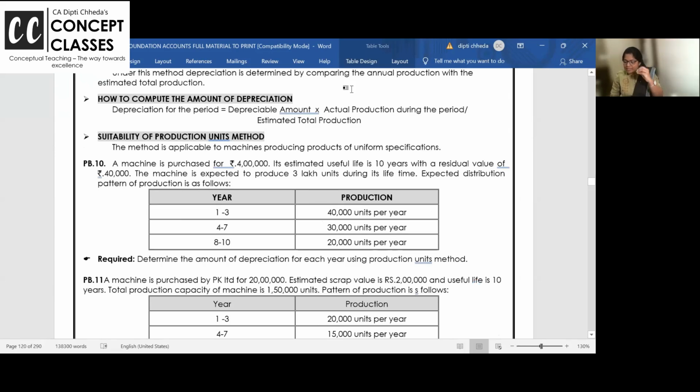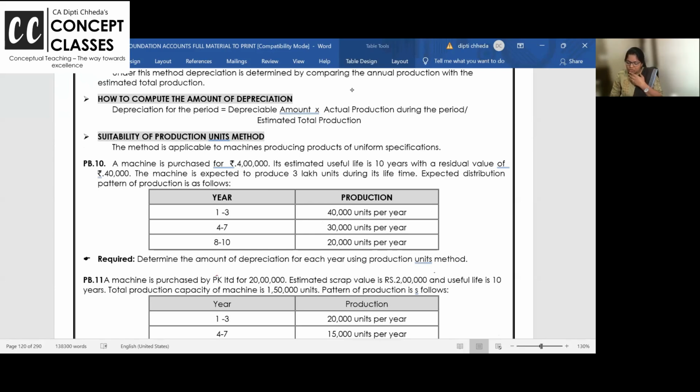Total cost, how much production will you get from this machine? Machine is purchased for 4 lakh, 10 years, residual value. Ma'am, we can take SLM, but if they give you production unit, you have to take that method. Right? Now determine the amount of depreciation using the production unit method.